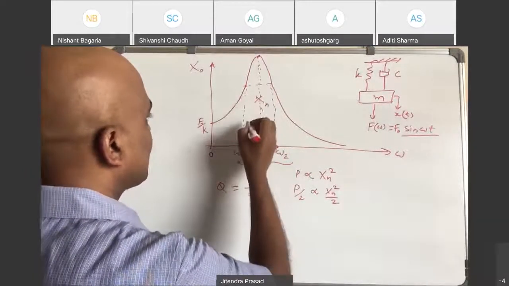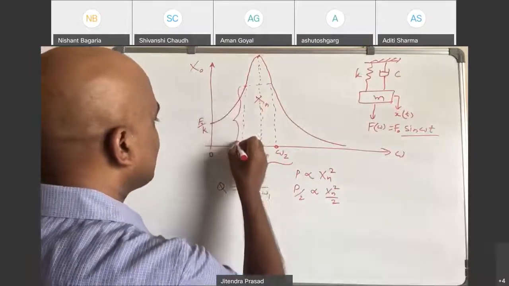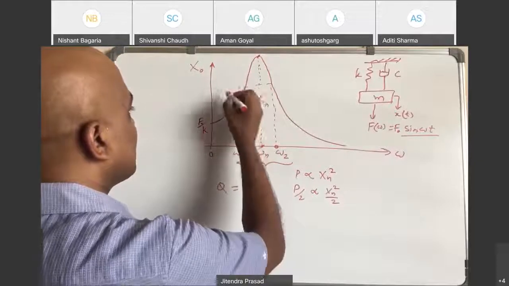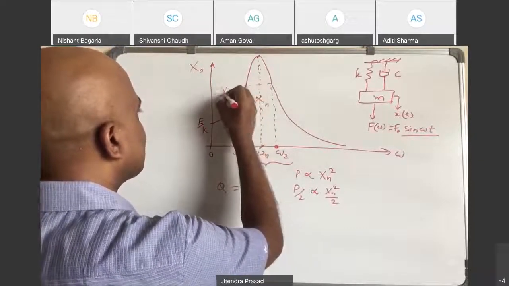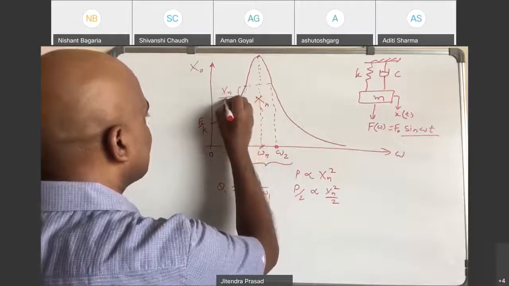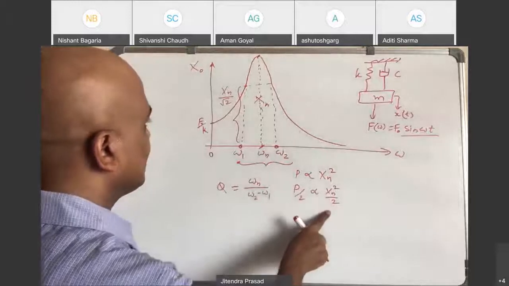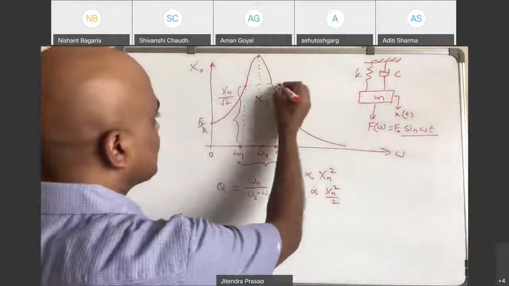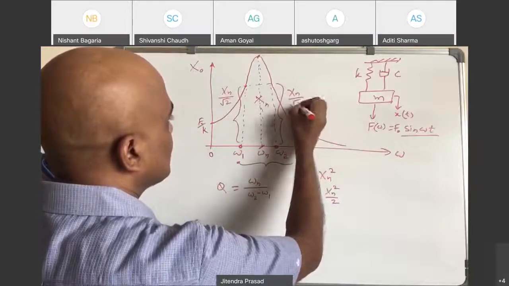The amplitude here will be the square root, so xn divided by root 2, so that if you square it, it will be half of that. On both sides, this is xn over root 2.